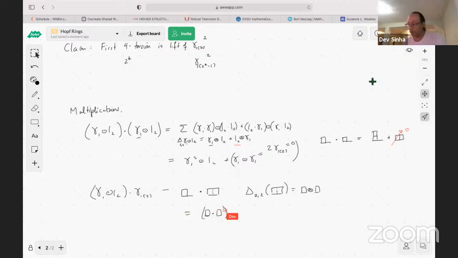Oh, I did this the wrong way if I want to use that coproduct. Of course the product is commutative, but let's do this the other way to be consistent with how we list Hopf-ring distributivity.